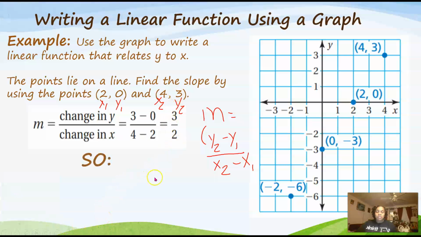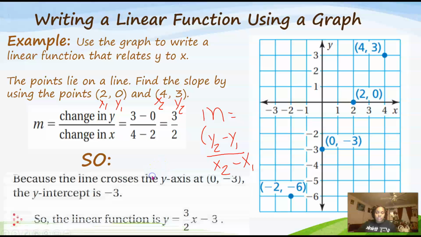So now that we have our slope, we need to write the linear function. That line crosses the y-axis at (0, -3), so we know that the y-intercept is -3, because if you connect the dots, the line crosses the y-axis at -3.